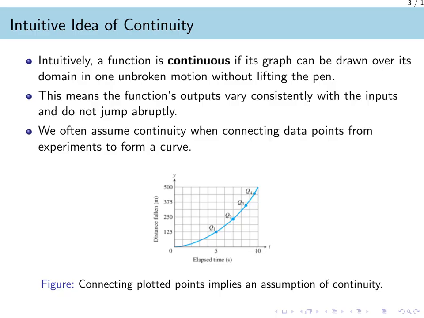For example, when we plot data points from an experiment, like the distance an object has fallen at several points in time, we often connect them with a smooth curve. In doing so, we are assuming the underlying physical process is continuous between our measurements.